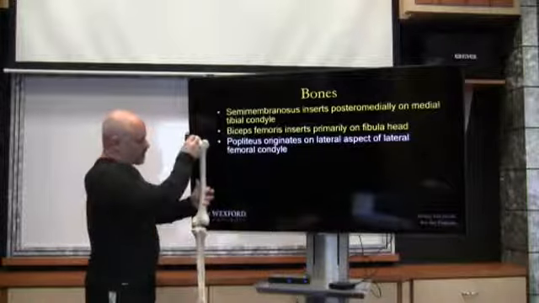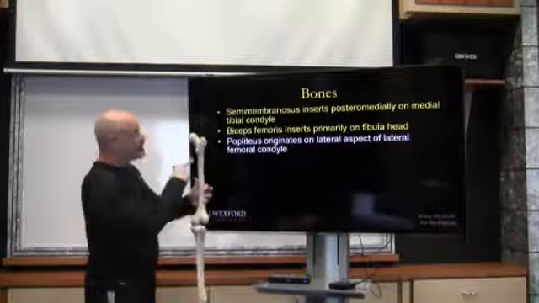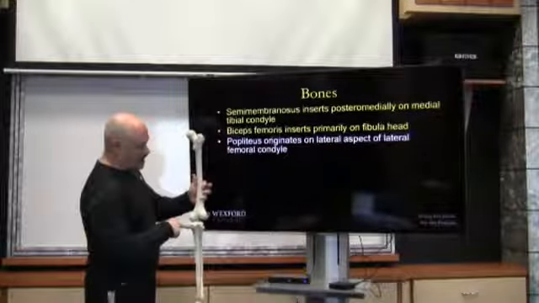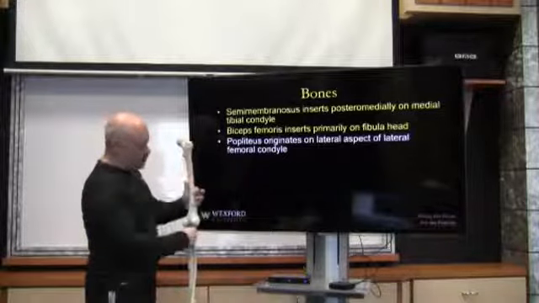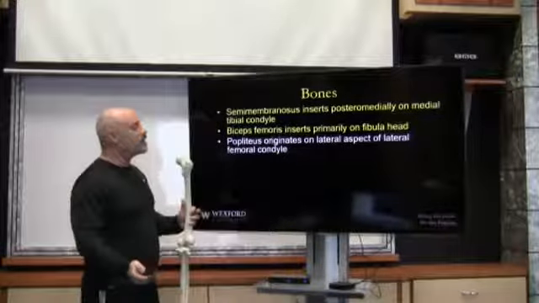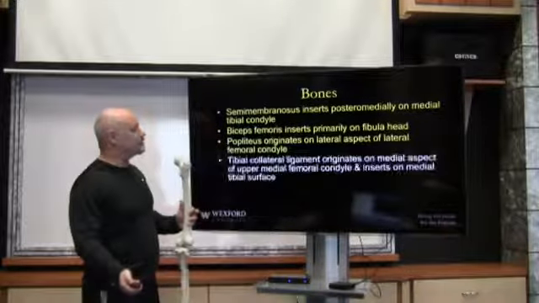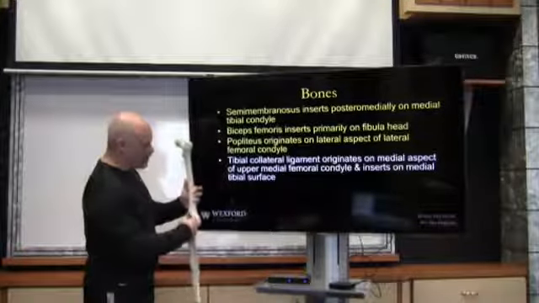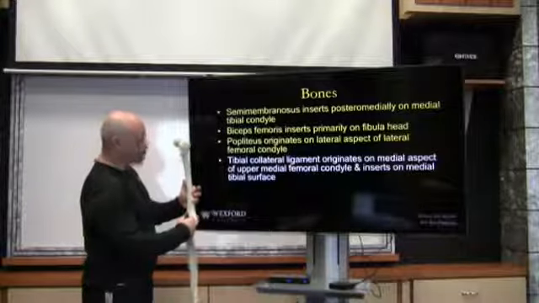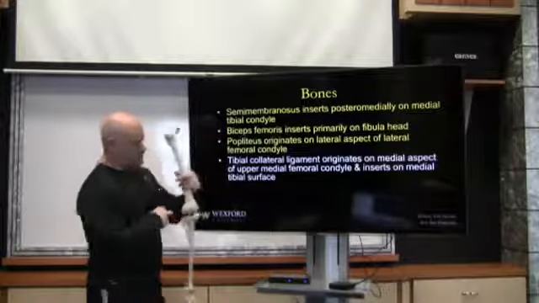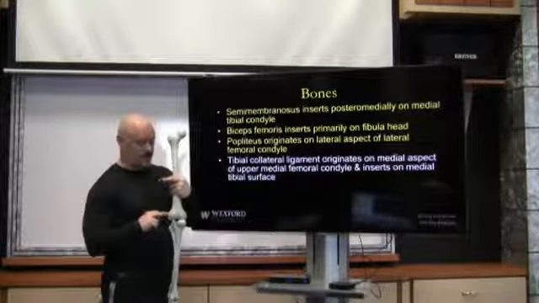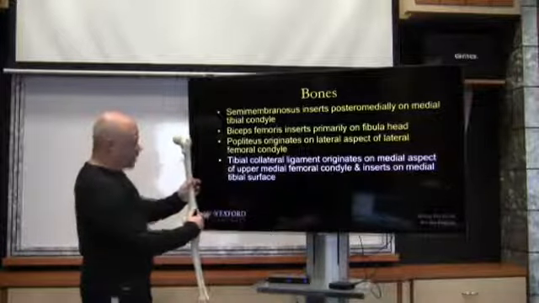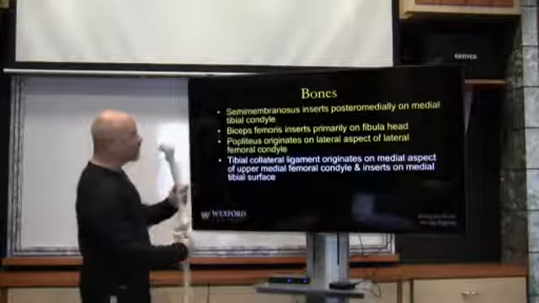So we have the semitendinosus on the front side, semimembranosus on the back side, then the biceps femoris is on the fibular head. The popliteus muscle inserts on the lateral aspect of the femoral condyle. It's on the outside. So if we look from the front side, here's the lateral side. It'll cross over and attach over here.